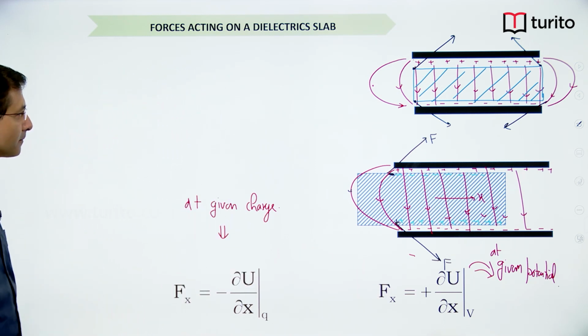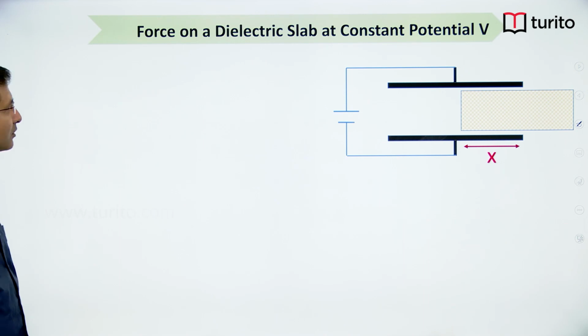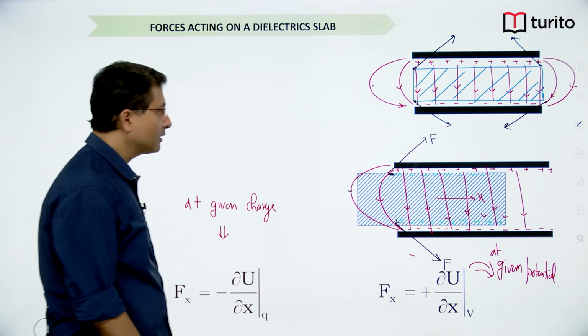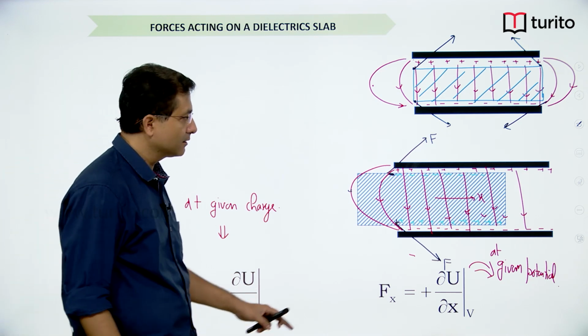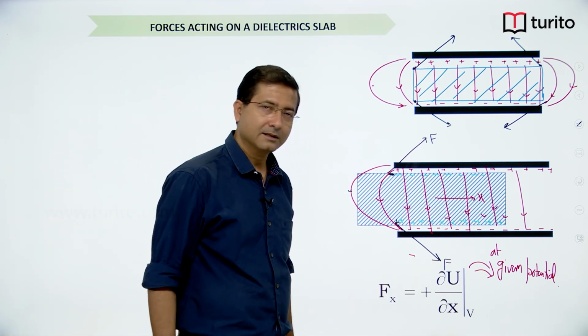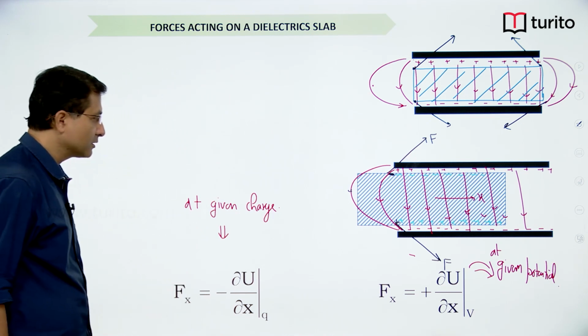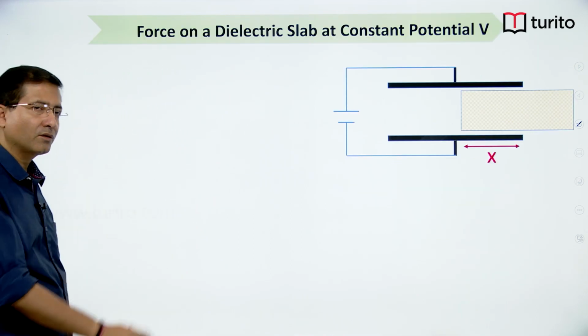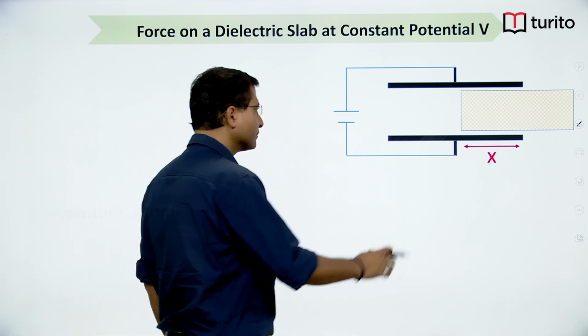So, let us first take when potential is constant, the simplest case. When potential is constant, the formula is plus del U by del x at constant potential, right. I want to find the force on this slab.